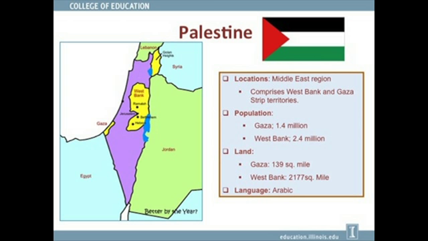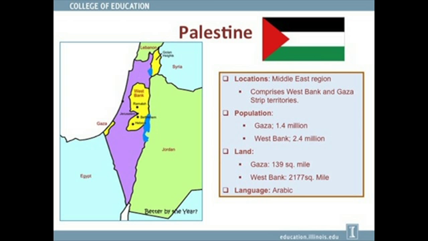So there are two separate regions. For people to move from Gaza to their relatives in the West Bank, they have to go through Egypt and then Jordan, and then they can go to the West Bank, and also vice versa. People in the West Bank who want to visit their relatives in Gaza have to go all the way from Jordan and then to Egypt.